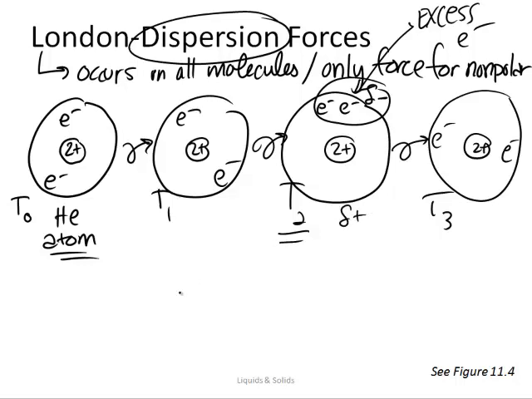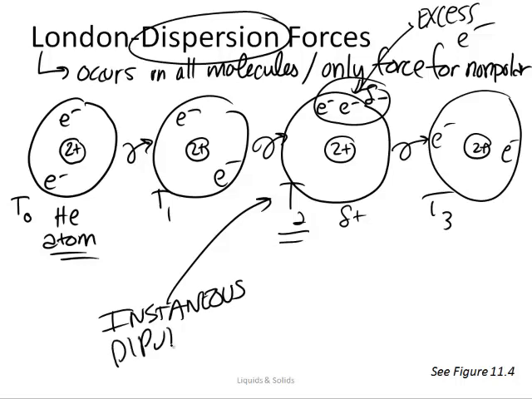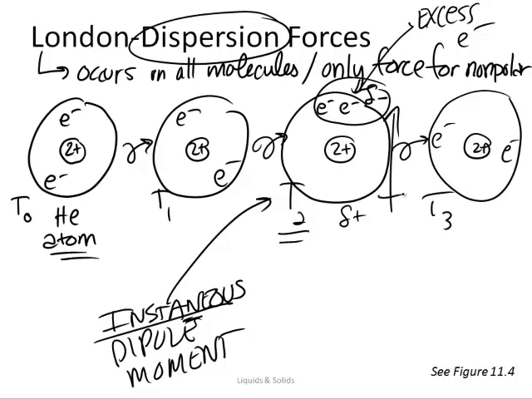That is known as an instantaneous dipole moment. It only happens for an instant, but it does happen, and there is a partial negative charge and a partial positive charge, a dipole moment. And a microsecond, a nanosecond later, those electrons are randomly oriented again. But they do happen.